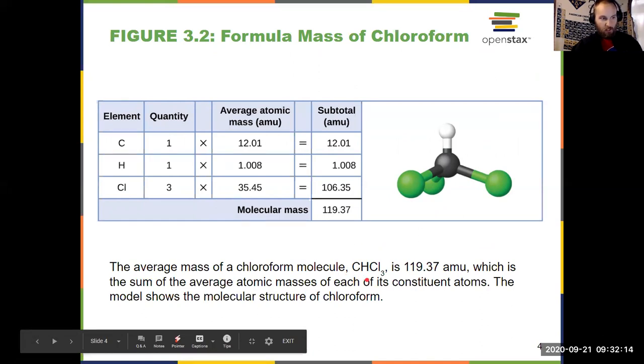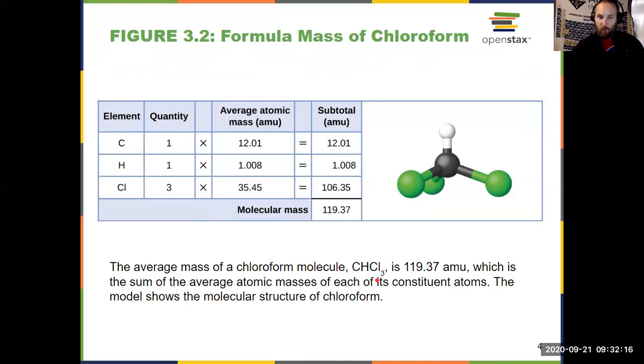It's CHCl3. And that formula gives me important information. It gives me the types of atoms that are present in the molecule and the quantity. So I have 1 carbon, 1 hydrogen, and 3 chlorines. So I break them apart, 1 carbon, 1 hydrogen, 3 chlorines. I get their average atomic mass from the periodic table.